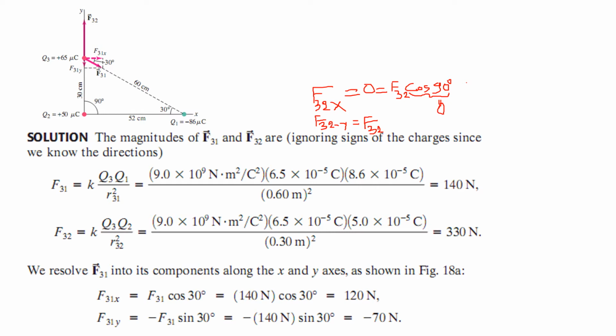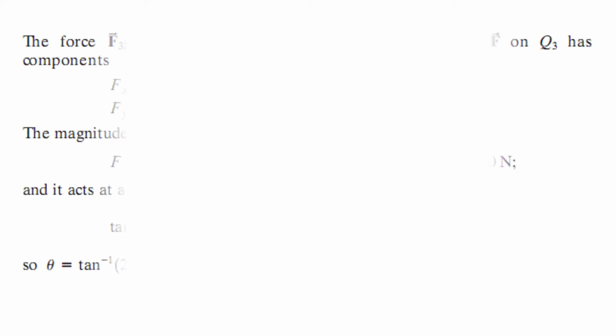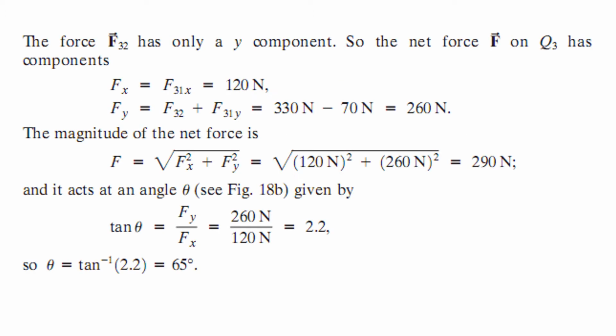Then multiply it by unit vector i, and we will add y components apart from x components. And we have the x component of the force on charge 3, F3x, equal to 120 newtons. This is because F32 along the x-axis is equal to 0.